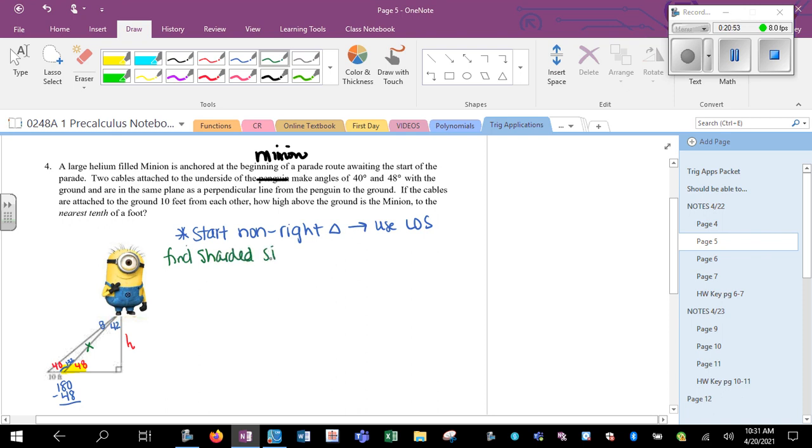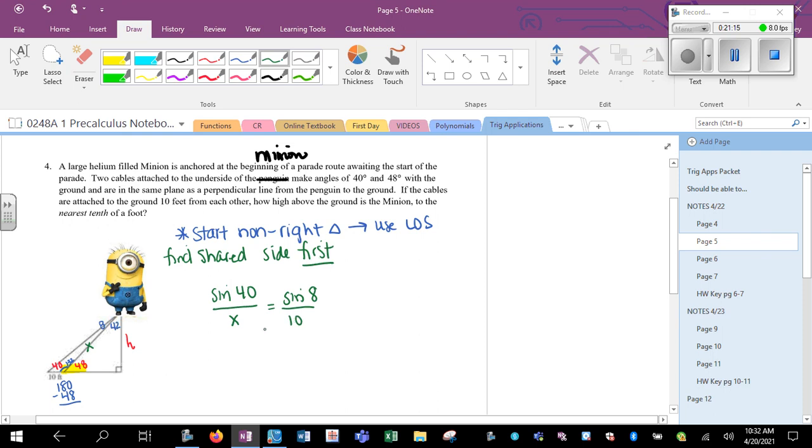Okay, so that tells me that the sine of 40 degrees is opposite the x, and the sine of 8 is opposite the base of the triangle at 10.